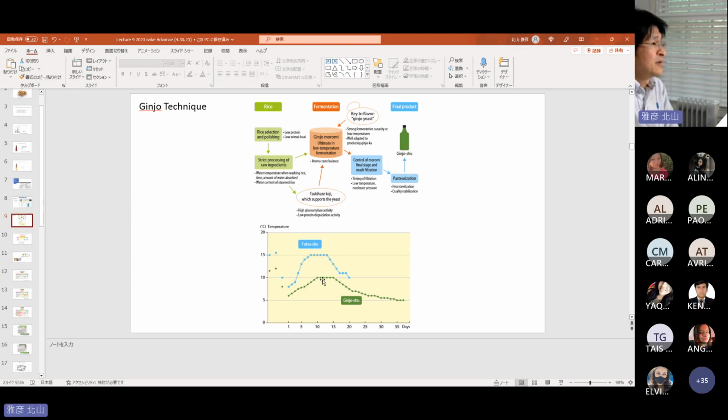On the other hand, people overseas, and more people these days, prefer to drink ginjo style sake made by following this procedure. This is the difference in how to make two styles of sake, ginjo sake and futsushu, ordinary sake.